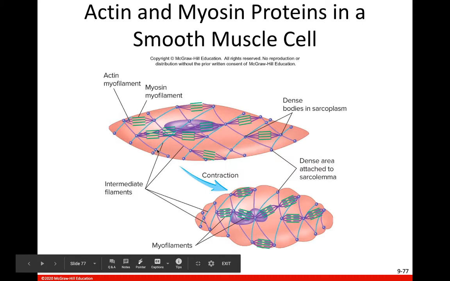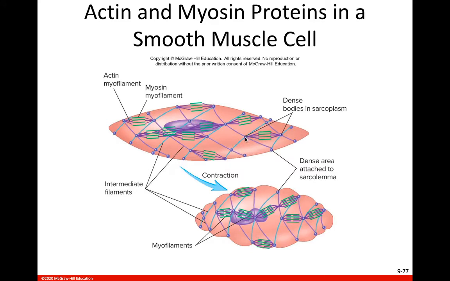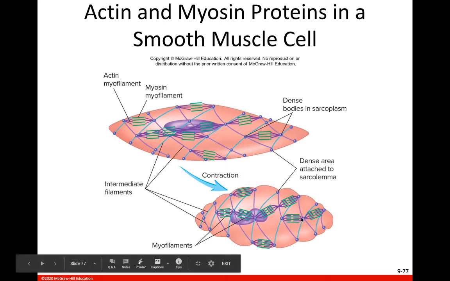Again, the little dots here are the dense bodies that the purple thin filaments, or actin filaments, are attached to at either end. The green are the thick myosin filaments. When calcium binds to calmodulin, it activates myosin kinase, which activates the myosin heads. Then the myosin heads attach to the actin and slide the thin past the thick, resulting in these dense bodies moving closer together.